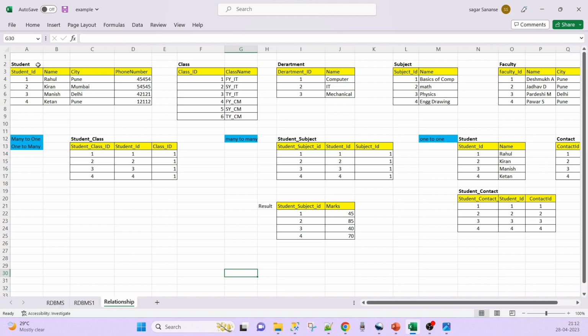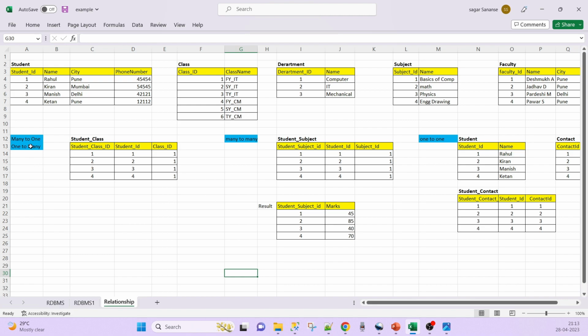These are our five entities: student, class, department, subject, faculty. This is just a graphical representation in front of you. When we build an actual database, there are 30-40 tables, and based on the requirements we have to analyze what the entities are, what the attributes and columns are, and based on that we can build the database diagram.